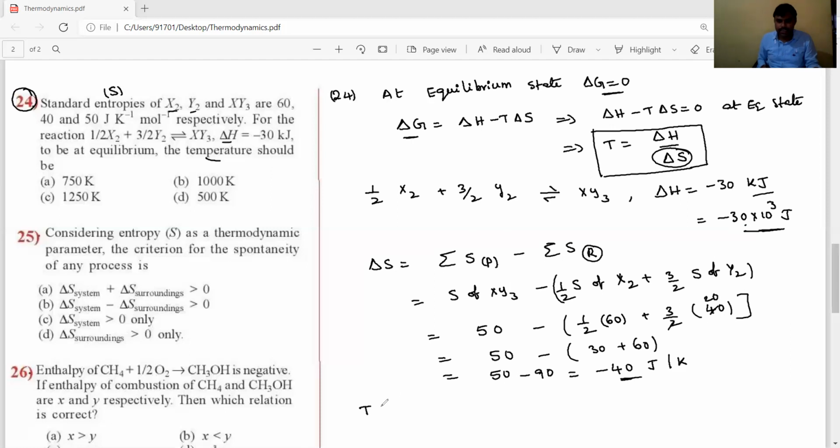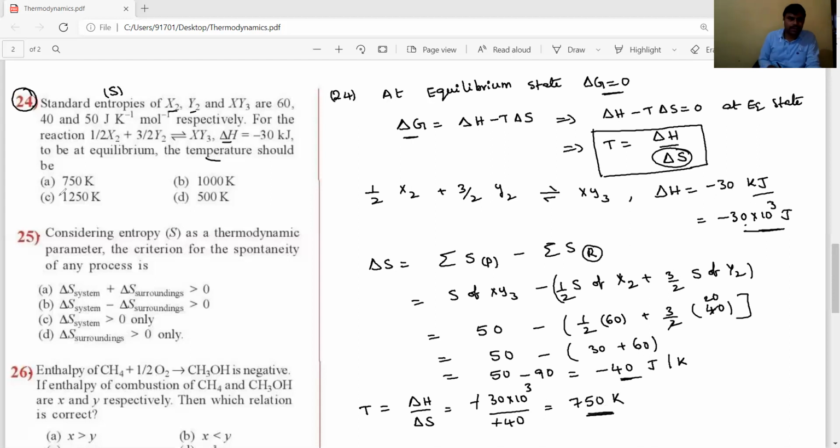Okay, so the delta S value we know, and delta H value also we know. Then the temperature is equal to delta H by delta S, which is minus 30 into 10 to the power of 3 divided by minus 40. Then the minus will cancel, and on simplification we get 750 Kelvins.